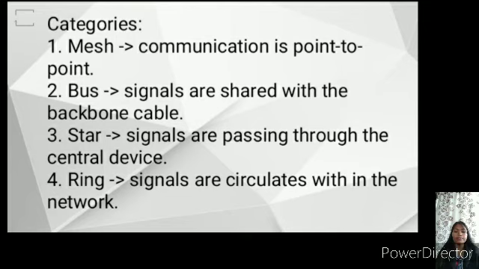Then second is bus topology. The bus topology is a network type in which every computer and network device is connected to a single cable, which has exactly two endpoints. Third is star topology. Star topology is a type of topology in which all the computers are connected to a single hub through a cable.